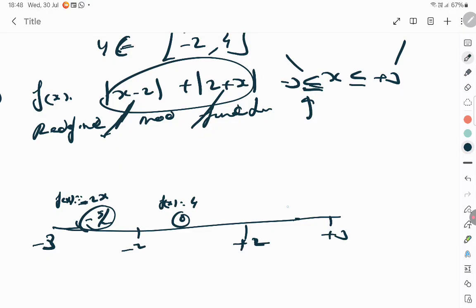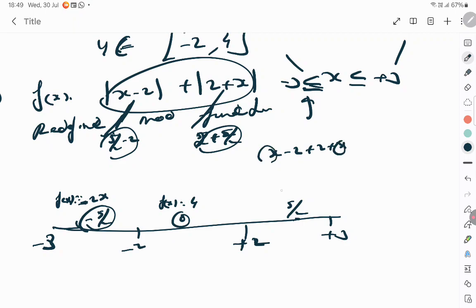Next, take one example here which is plus 5 by 2. Substitute it in 5 by 2 minus 2 and 5 by 2 plus 2. 5 by 2 minus 2, positive only. This is also positive. So both of them are positive. So x minus 2 plus 2 plus x.